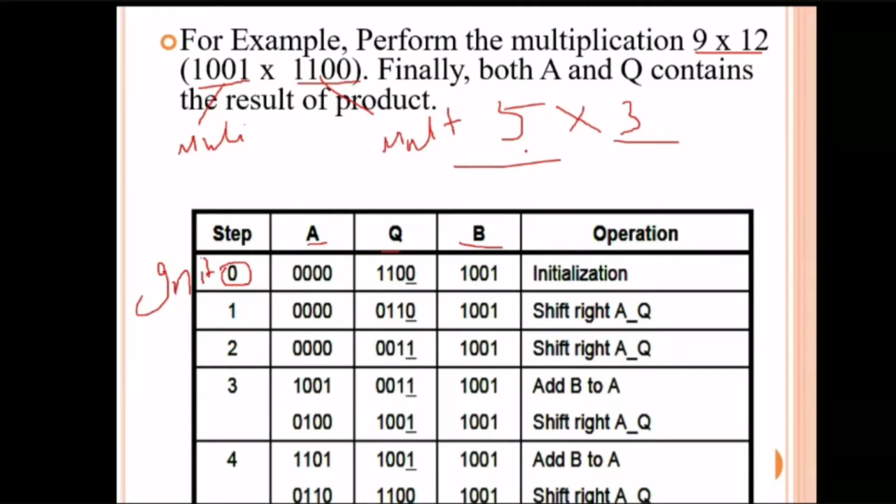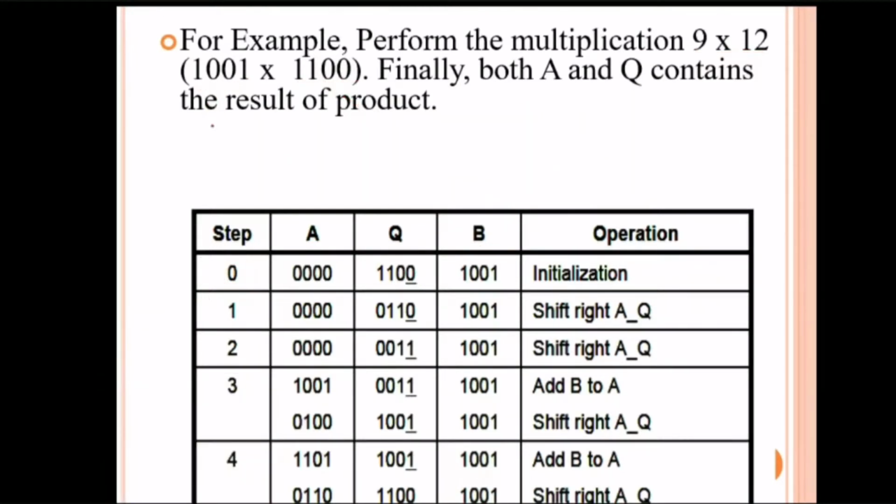This multiplicand should be in B. Whatever the multiplicand, you make a note. Here it is not given clearly, you just make a note: the multiplicand should be put under B. And the multiplier should come in Q. In our example, you see here what the multiplier is.